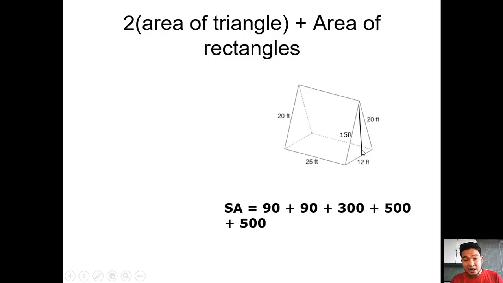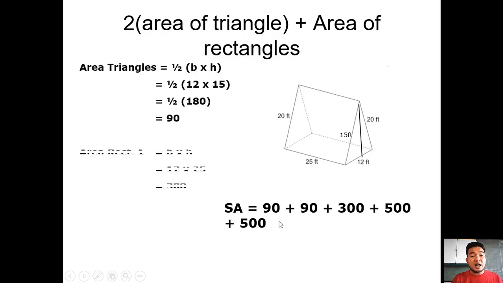And then the area of the three rectangles. So we have here one rectangle at the bottom. 25 times 12 is equal to 300. So there is 300. And then 20 times 25 is equal to 500. And those two rectangles are congruent, so we have 500 plus 500.